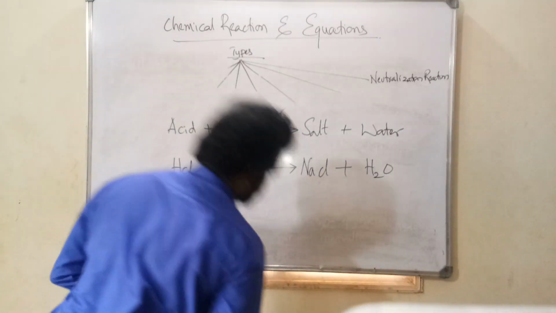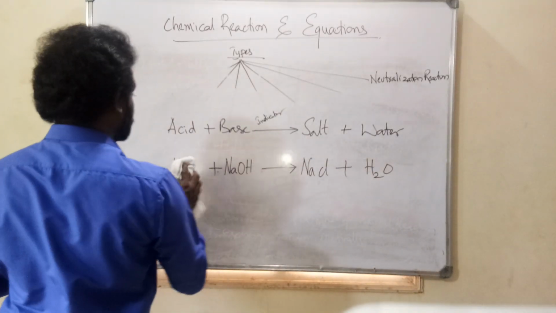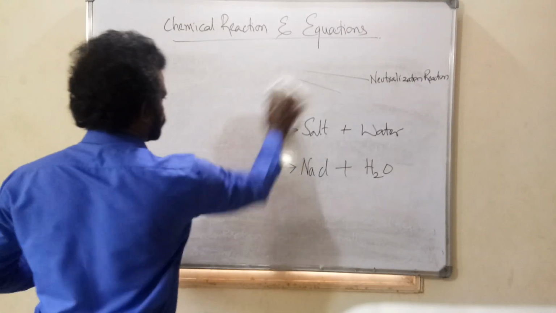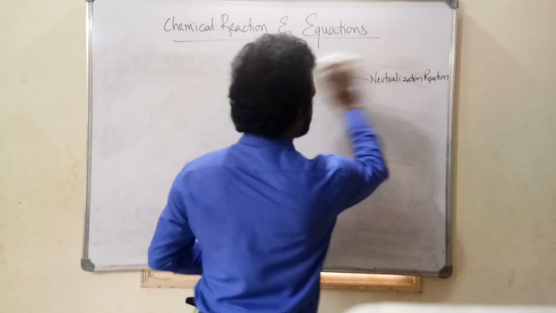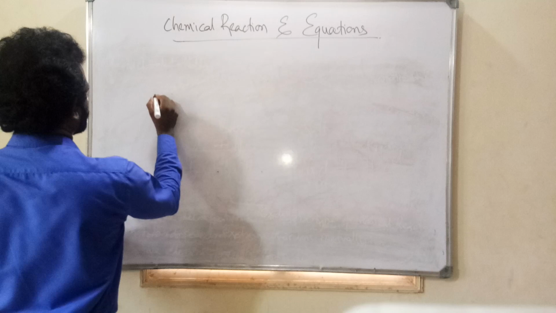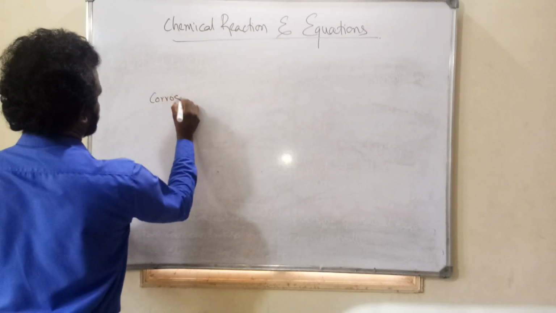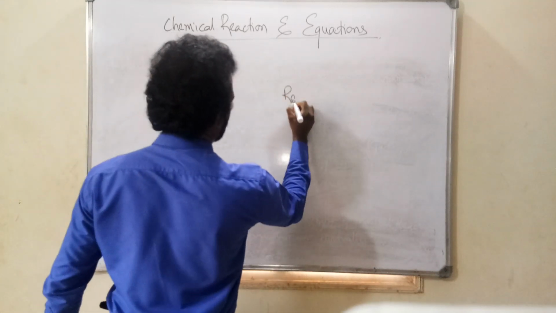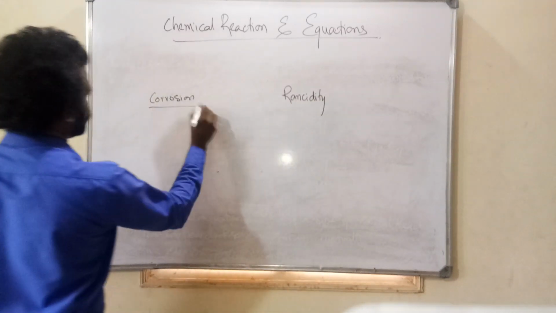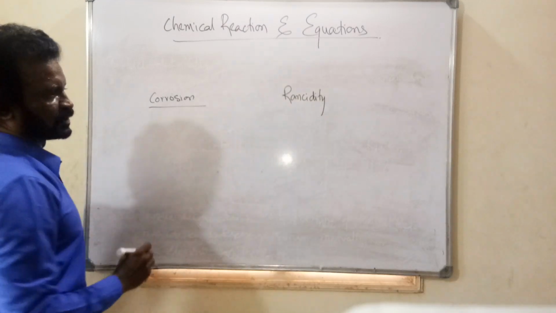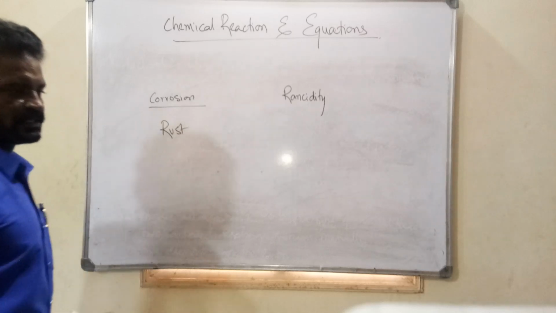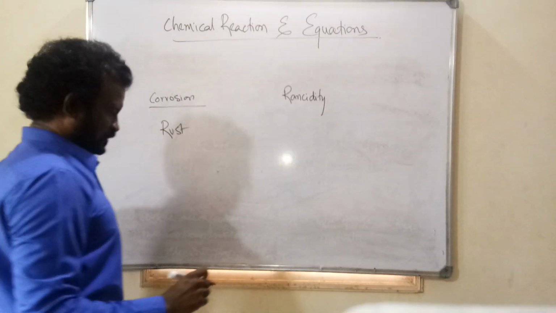Here we come across another two topics, which are corrosion and rancidity. Corrosion is corroding. Iron gets corroded, gets rusted, in the presence of moisture and air.